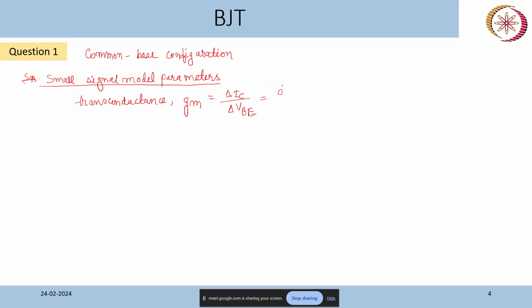So this we can write as dIC in small signal model by dVBE, which is given as IC by VT. If you use the expressions for IC, then we get the final answer as this IC by VT. So what is VT? VT is the thermal voltage.